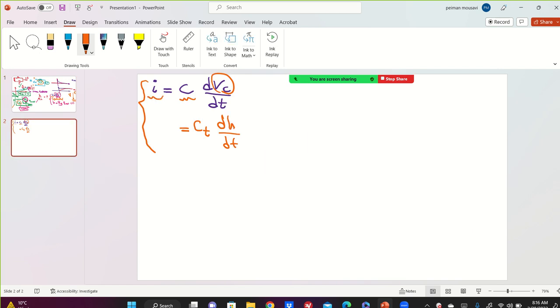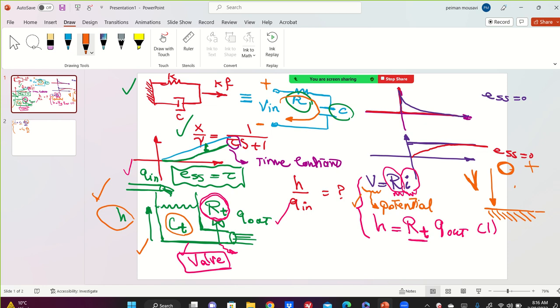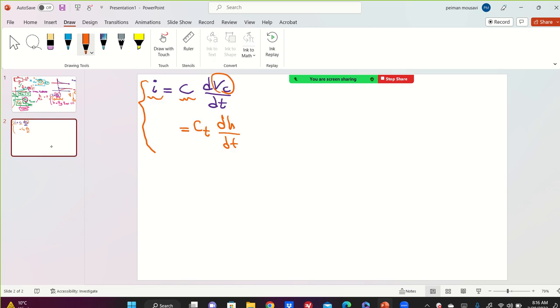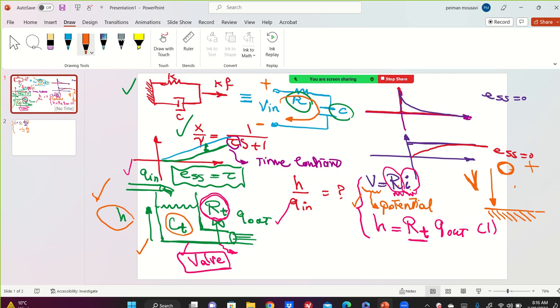And I. Okay? So, listen to me very carefully. When we say I, it is associated with the resistor. But when I'm talking about the capacitor, the I affects the capacity of the tank. So which of them affects the capacity of the tank? Q in or Q out? Change of which of them changes the capacity of the tank?